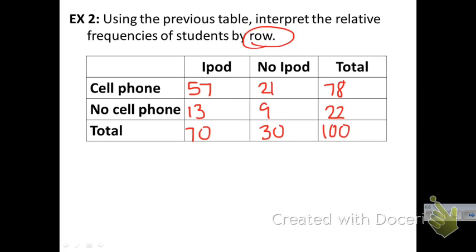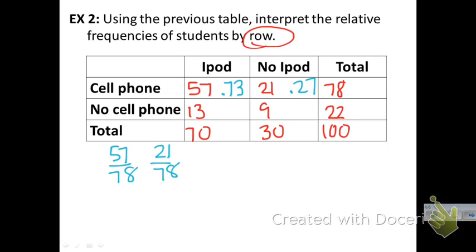So we're going to take 57 is to 78 and divide that, and we get 0.73. Then we do the same thing for the no iPod and the total. We take 21 divided by 78, and we get 0.27.